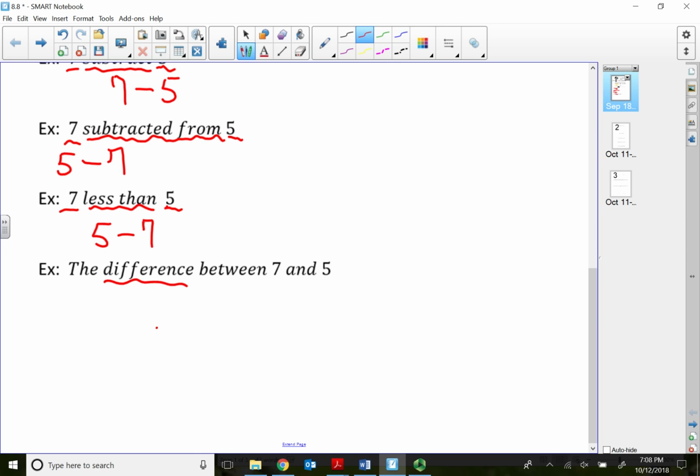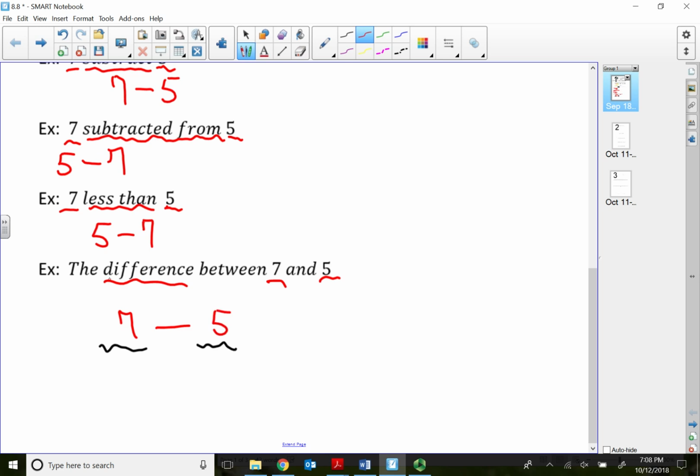The word difference means subtraction sign. Whenever we write down a subtraction sign or a plus sign first, there has to be somebody in front of it and somebody behind it. Normally the problem will tell you right away it's a subtraction between somebody. If it's a subtraction between 7 and 5, when I see 7 first, I write 7 up front. When I see 5 next, I write 5 behind the subtraction sign.